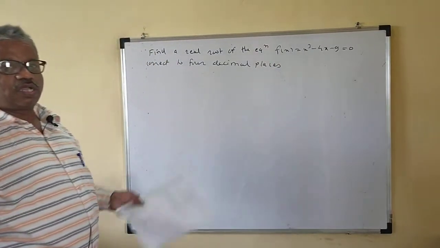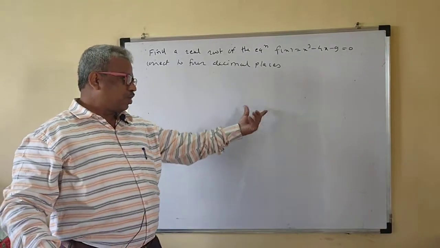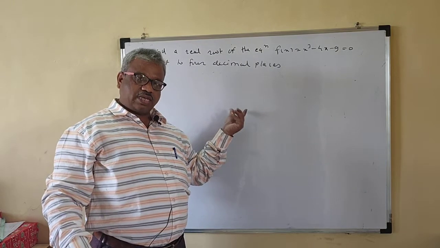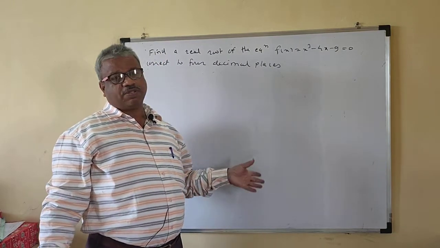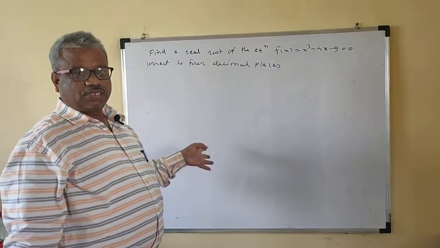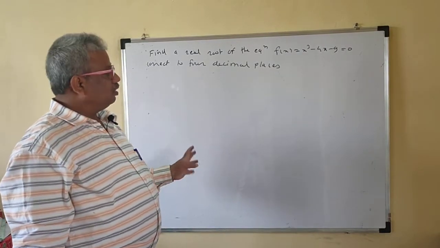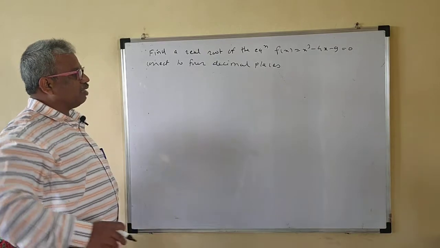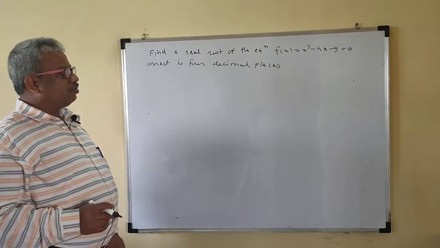Actually, what we have to do is up to 4 decimal places should be the same. x3, x6 and x7, their 4 decimal places should be the same. But it depends on the iteration. We cannot do more iterations, right? Because there is a time limit to solve the problem also.